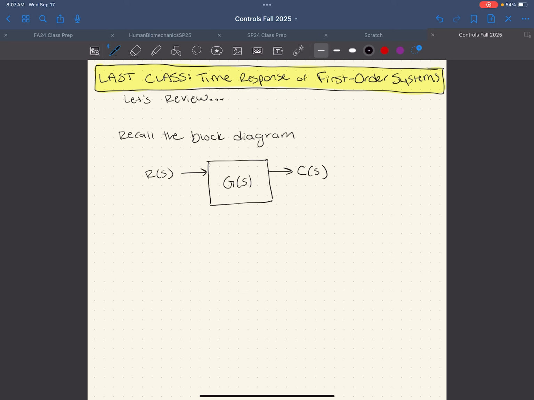There are a lot of parallels between last class and this class in terms of what to keep an eye on. So let's review. Last time we talked about a very, very simple block diagram where we have an input R of S and an output C of S. And in this block here, we have the plant model or a transfer function G. And if you remember, we said that there is a general form for first order system transfer functions.